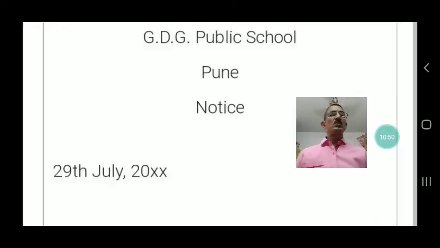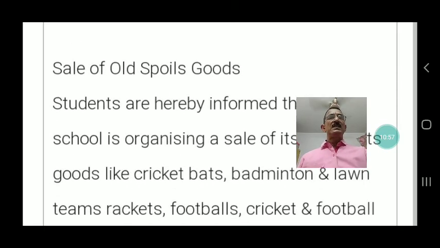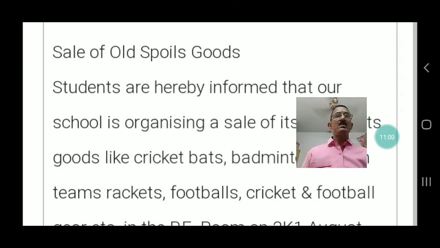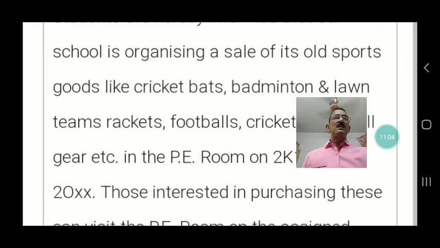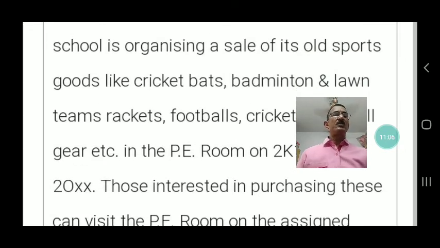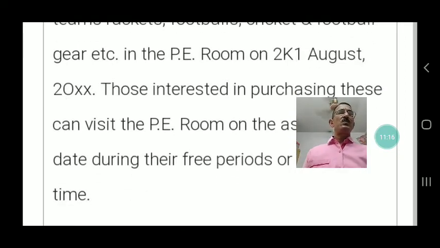GDG Public School, Pune, notice, and then you can write the date. You can mention sale of old sports goods. The students are hereby informed that our school is organizing a sale of its old sports goods like cricket bats, badminton and lawn tennis rackets, footballs, cricket and football gear, etc., in the P room on a date in August.